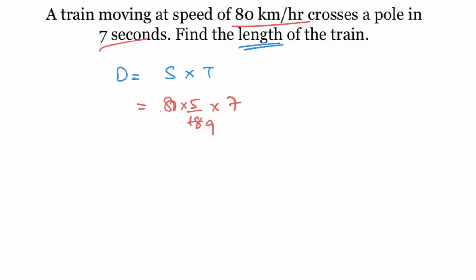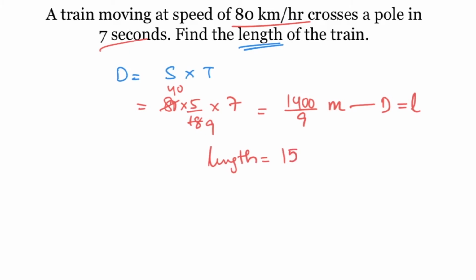That gives 40 into 5, 200 into 7, 1400 divided by 9 meters. That is the distance covered or length of the train, which is 155.55 meters.